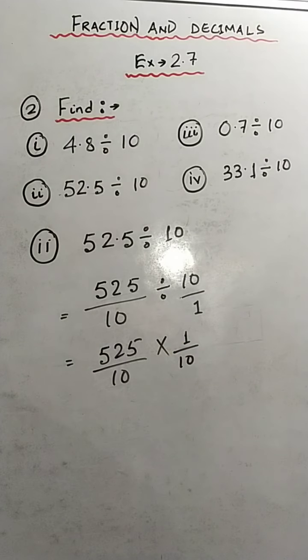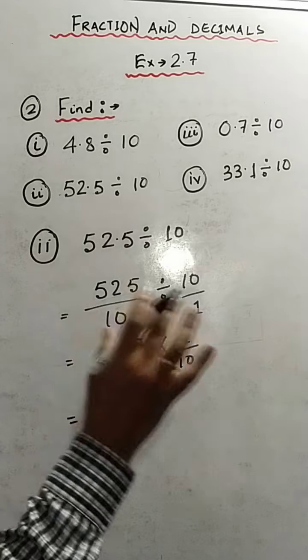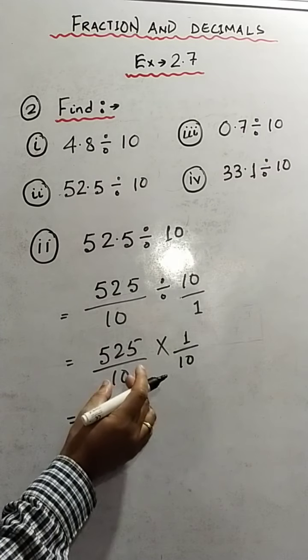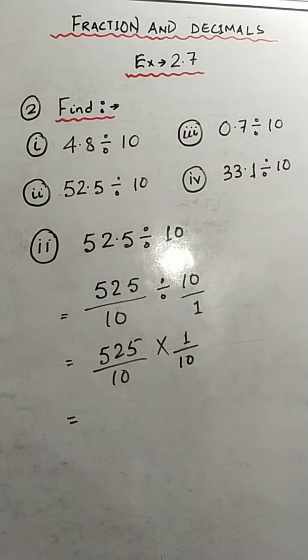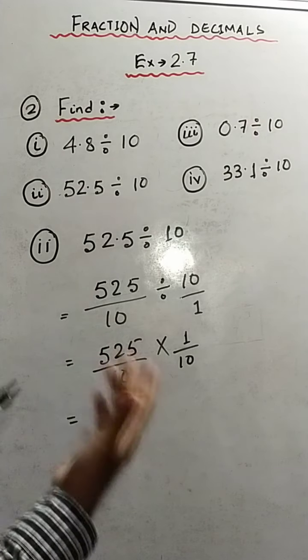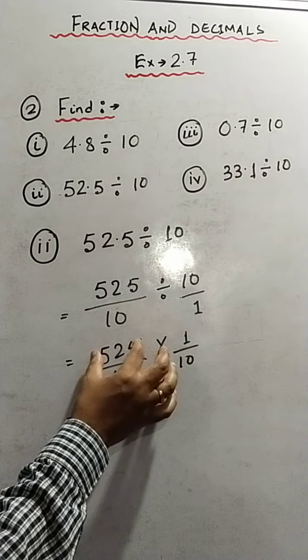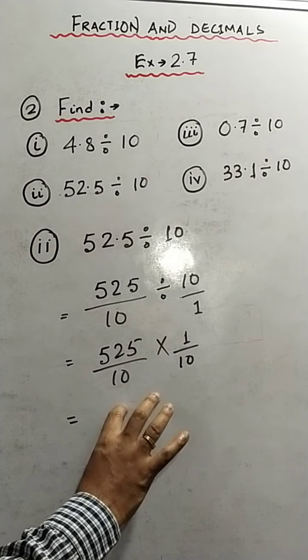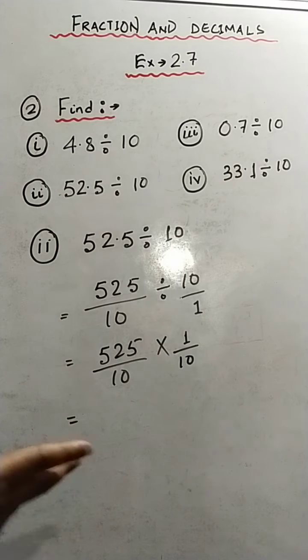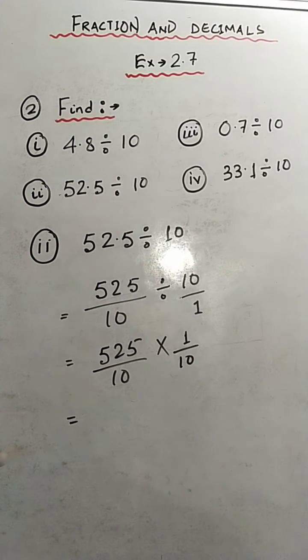It will become 1 upon 10. Now just simply multiply it. Again I am saying, if you see multiples of 10 in the denominator, do not reduce it. Rather it becomes much easier if you just multiply the numerator with numerator and denominator with denominator. The fractional form that you will get is very, very easy to convert into the decimal form.